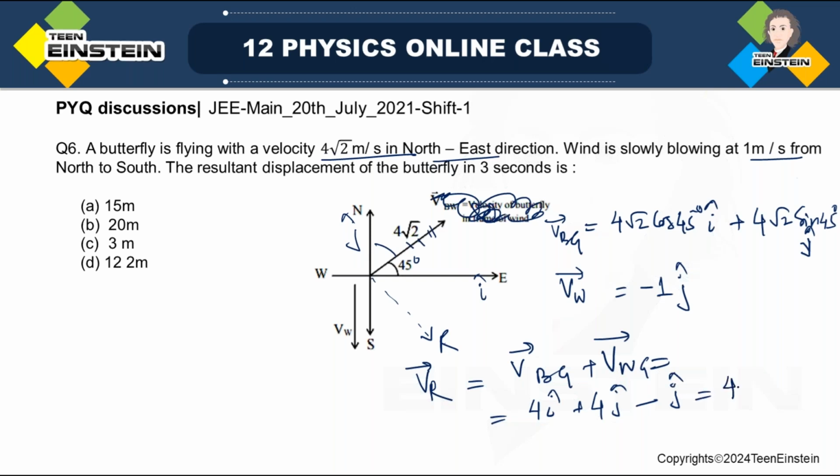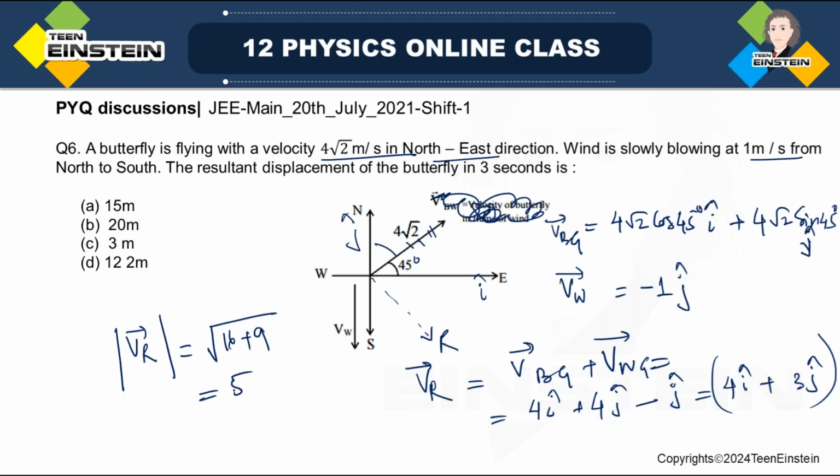So what we get? 4 i cap plus 3 j cap. So this is the resultant velocity vector, and we have to find its magnitude. So magnitude will be square root of 16 plus 9. So this will be 5.